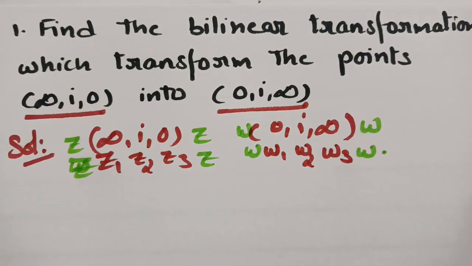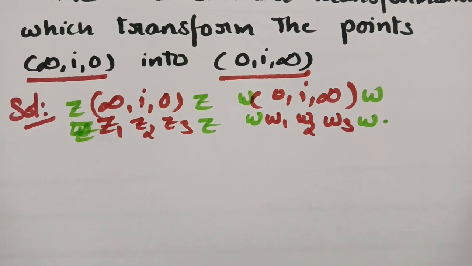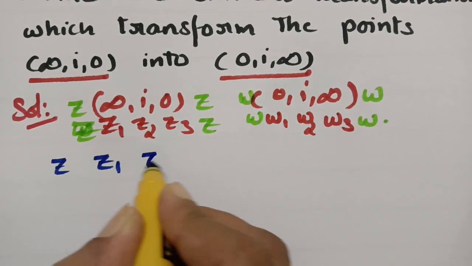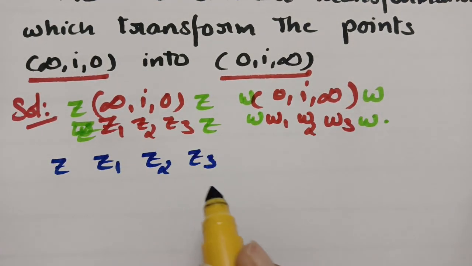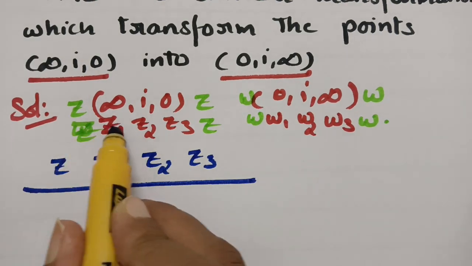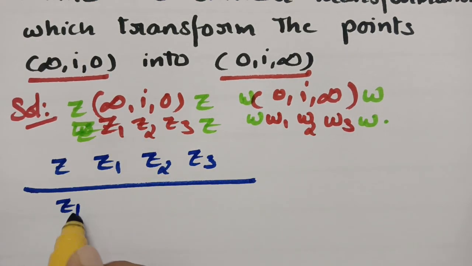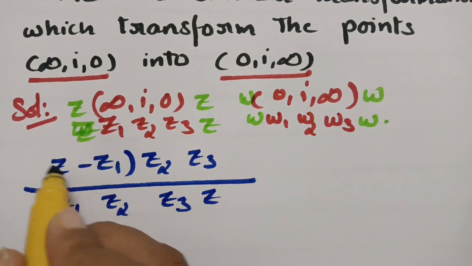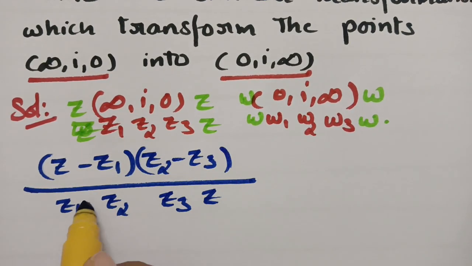See here, first of all, I'm writing the formula here. The formula is also very simple. So here this is z, z1, this is z2, this is z3. And next one you ignore this and you start these 4 points, that is z1, this is z2, this is z3 and this is z. So you make one subtraction. This is how you have to remember the formula.